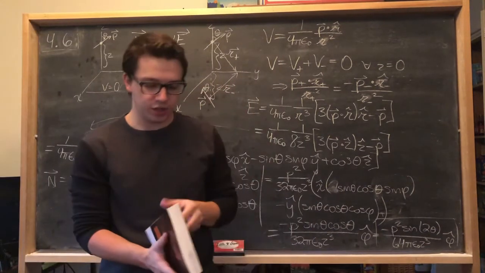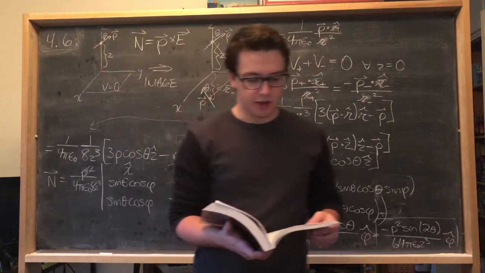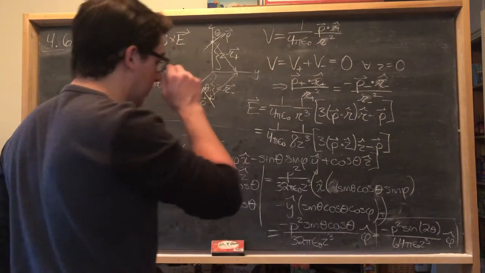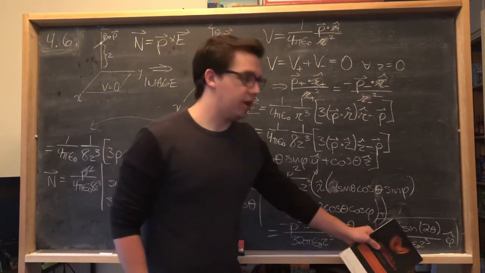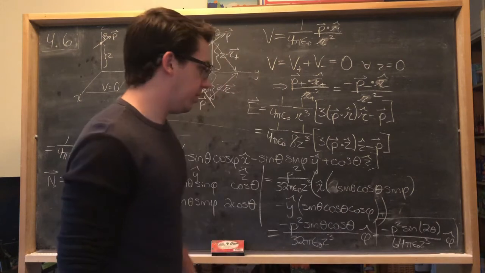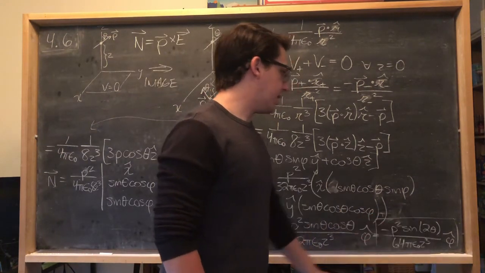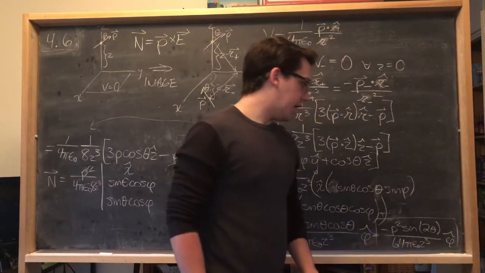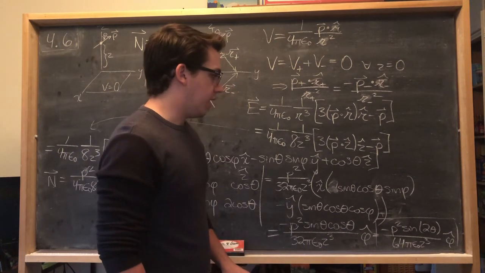So going back to the question, finally, we're asked if the dipole is free to rotate, in what orientation will it come to rest? It's going to come to rest when the torque on it is 0. And clearly, the torque on it is going to be 0 when theta either equals 0, pi over 2, or pi.